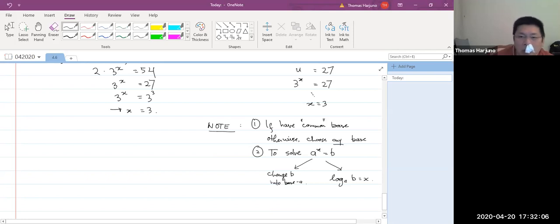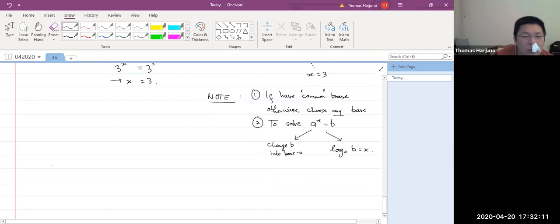Now, how about when we have logarithmic equations? I believe I have explained that before. What do we do if we have a logarithmic equation? Mainly our work ends up with us trying to get these two forms. What forms? We try to have log base a of blah equals to log base a of blah.